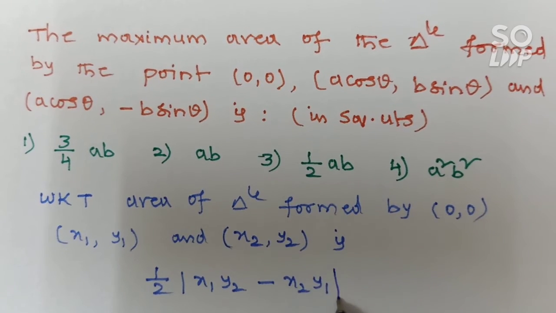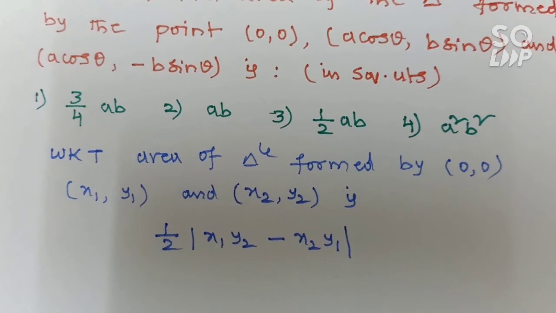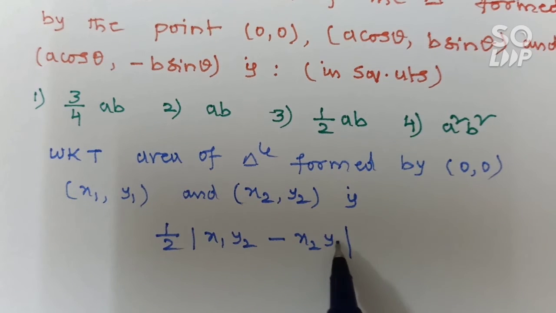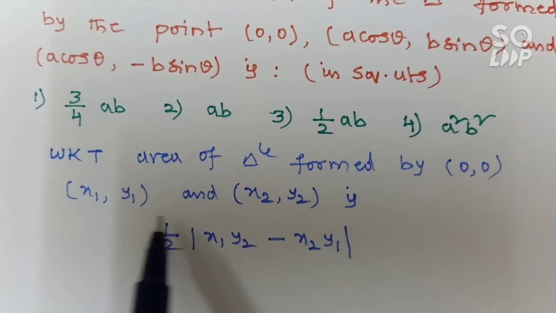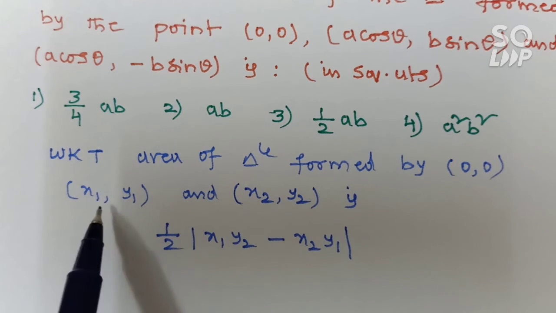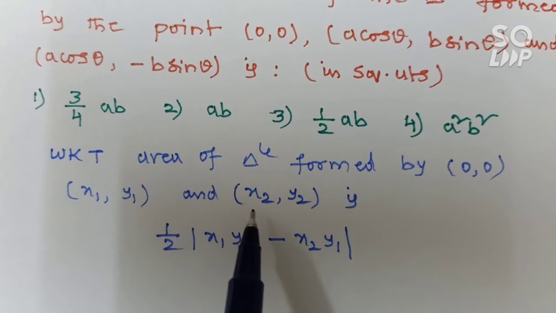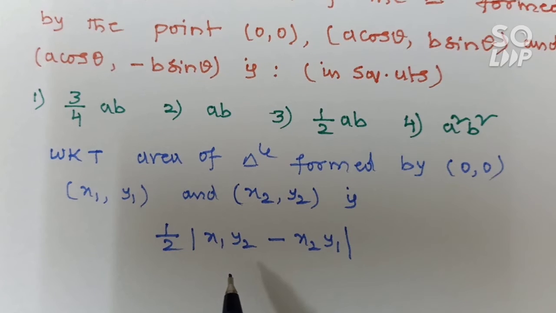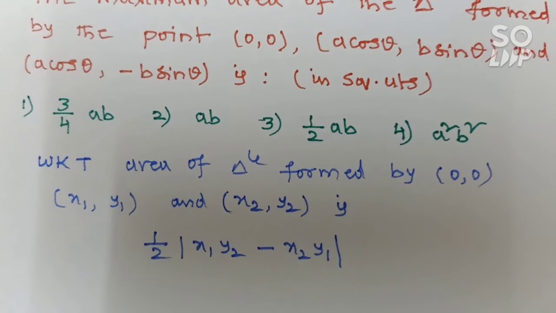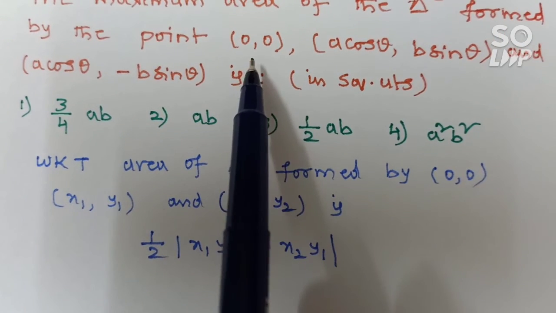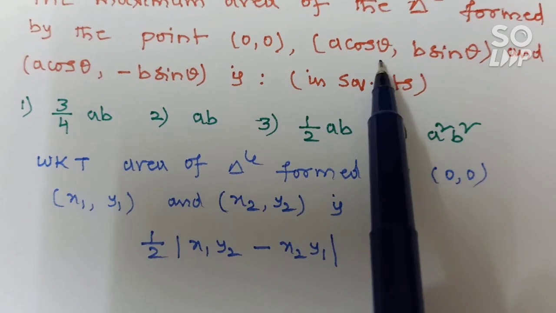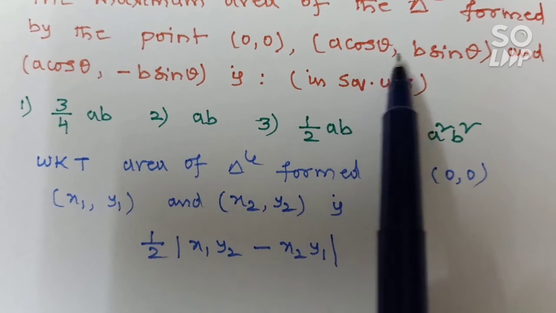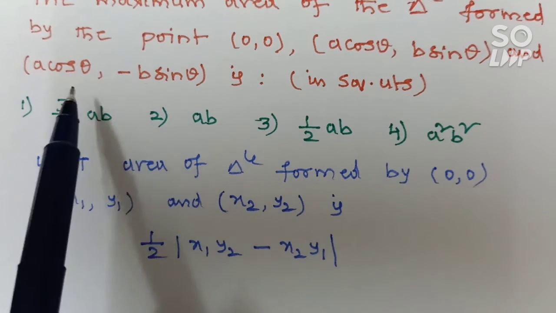All of you please remember this formula. This formula is applicable if one of the vertices is the origin, and the remaining two vertices are x1, y1 and x2, y2. In the given problem also one vertex is 0, so the remaining two vertices you take as x1, y1 and x2, y2.